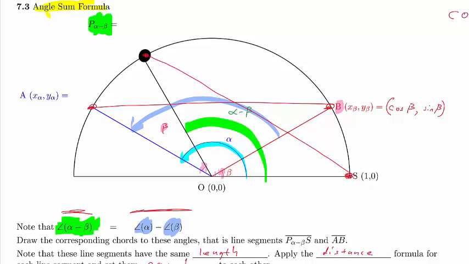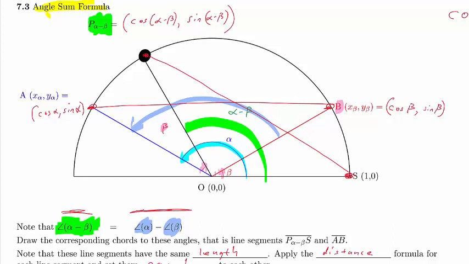And for point A, our x coordinate will be cosine alpha, and our y coordinate is sine alpha. And then for our point P, the x coordinate is simply going to be the cosine of alpha minus beta, and the y coordinate the sine of alpha minus beta.